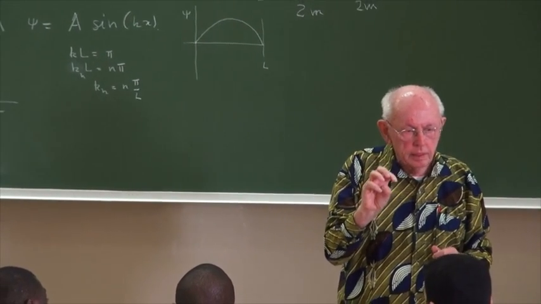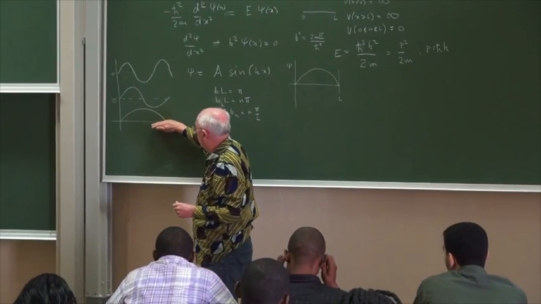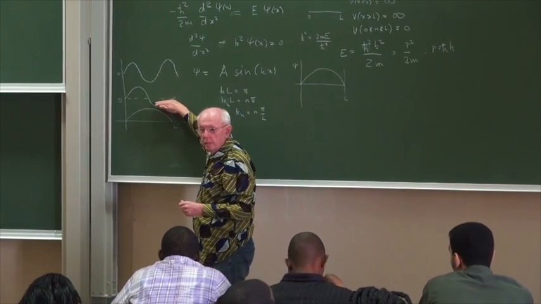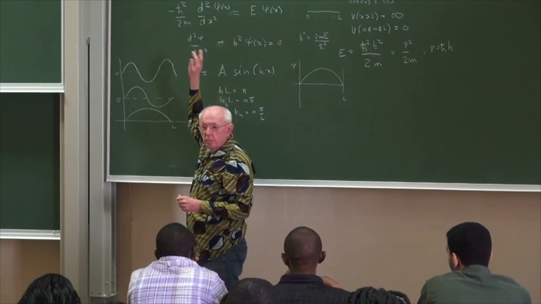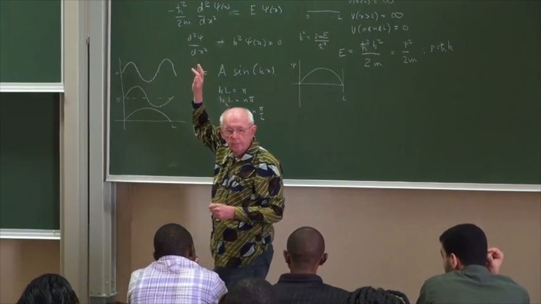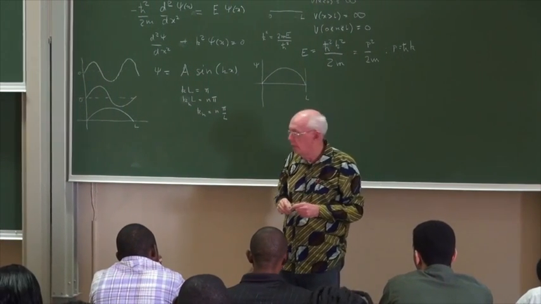It can be in that state. It can either be like this, or it can be in that state, or it can be in that state, and so on, and it can be in any of those states. So this is the basic idea of quantum mechanics.